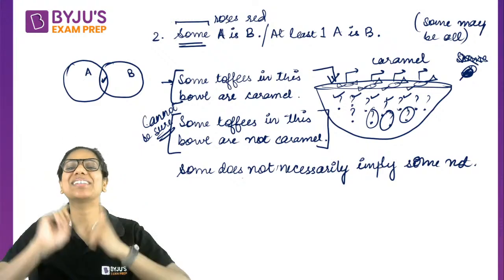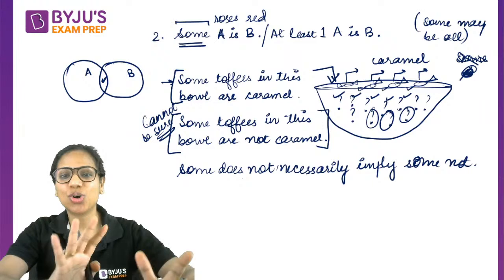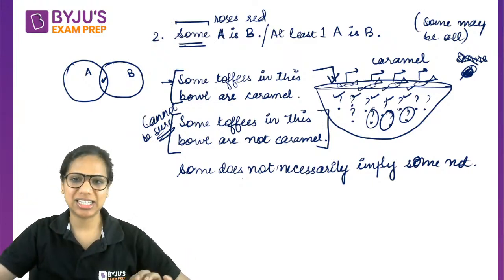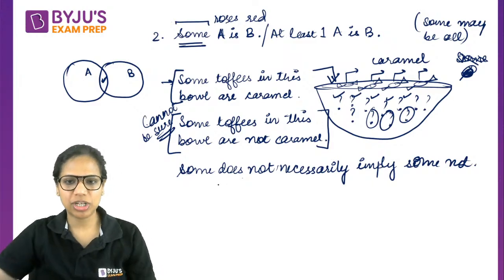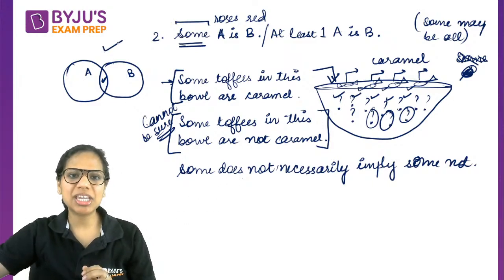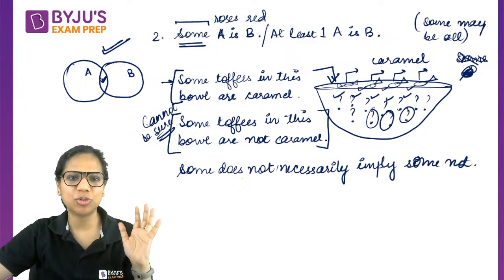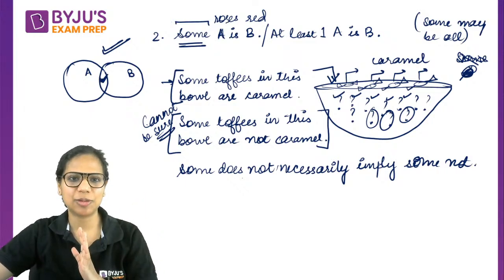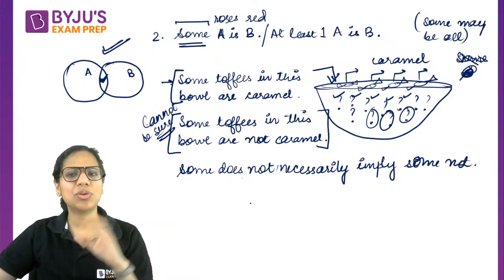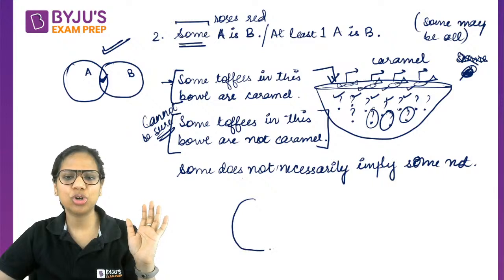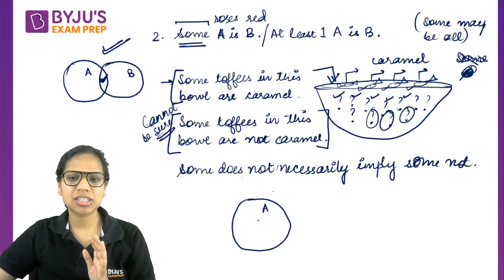Now keeping this in mind, let me draw the diagrams that some of you already stated. I need space, so let me draw here. Some A is B: I think this diagram must be clear to everybody, that we are talking about this common portion here. Then one other simple way, which all of you will agree with very intuitively, is this.